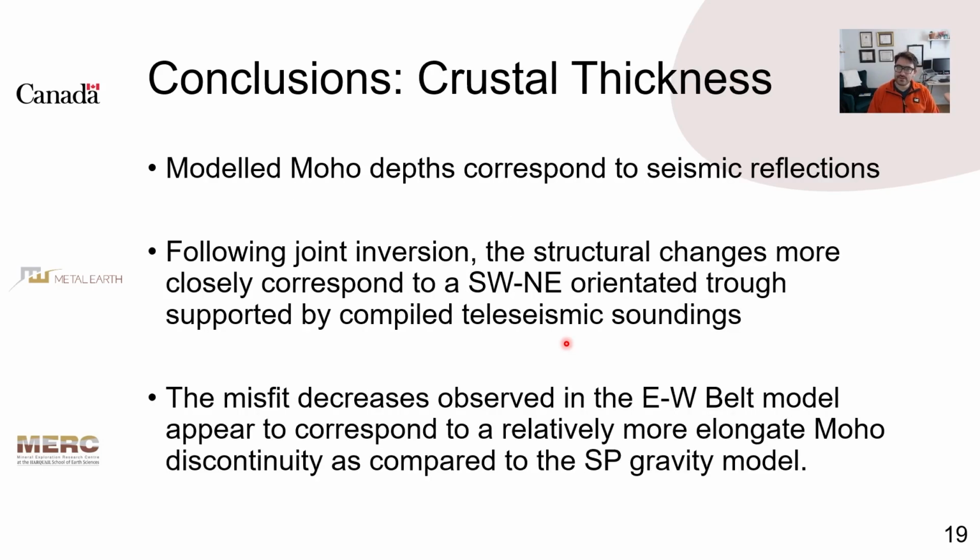With respect to crustal thickness, our model depths do seem to correspond to seismic reflections, and they also correspond to the teleseismic information. I would say that the structural changes noted in the joint inversion models more closely correspond to the southwest-northeast trend that's supported in the teleseismic information.